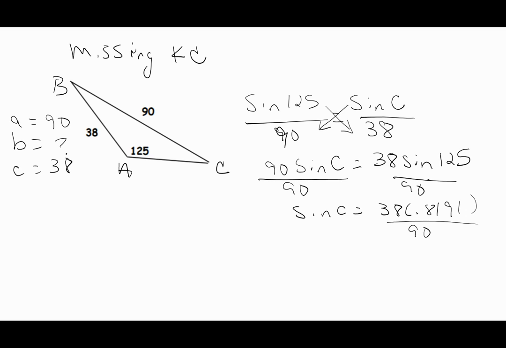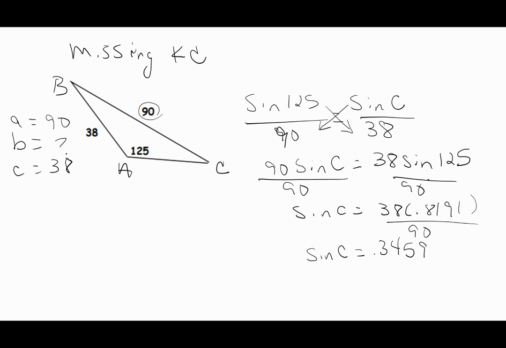Take that number, 0.8191 times 38 divided by 90, gives us the sine of C is equal to 0.3459. Now this 90 that we're looking at right here is a side length.